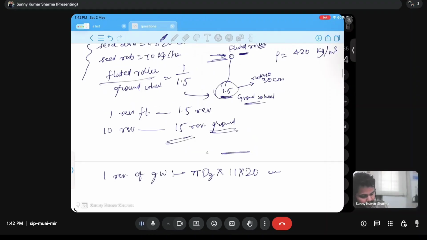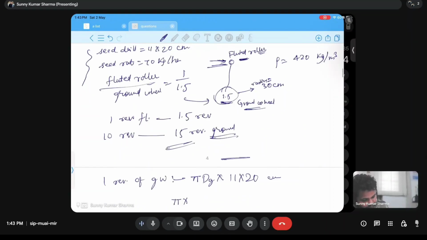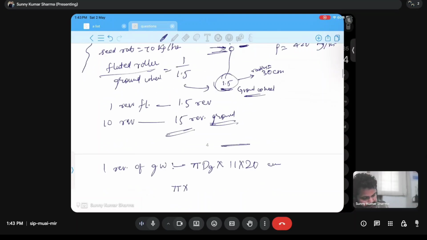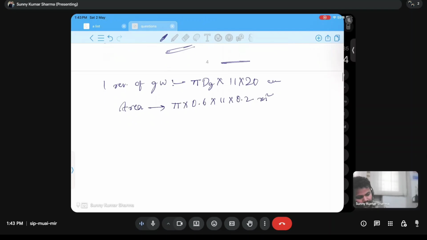Doing everything in meter, it becomes pi into diameter of ground wheel, 30 into 2, that is 60 centimeter, which is 0.6 meter. So 0.6 into 11 into 0.2 meter square is the area that the seed drill covers in one revolution.